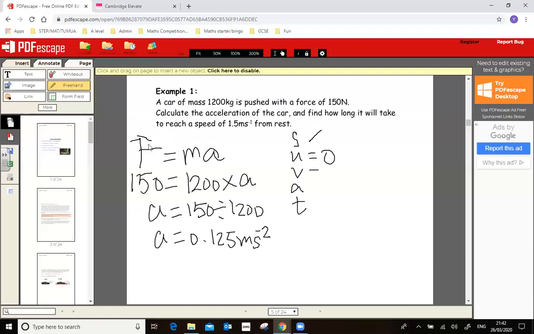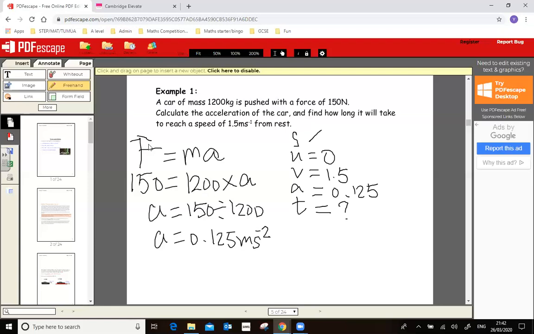Do we know the final velocity? Yes, it's 1.5 meters per second. Do we know the acceleration? Yes, we just worked it out. It's 0.125. And we're looking for the time, so let's put a question mark next to time.